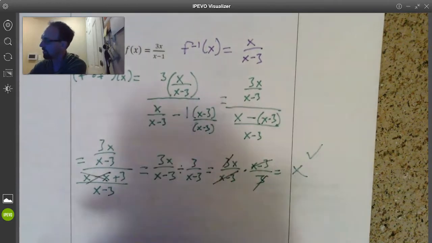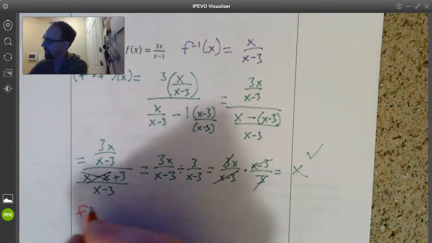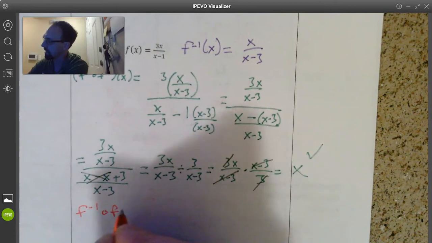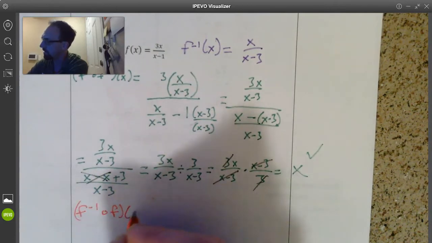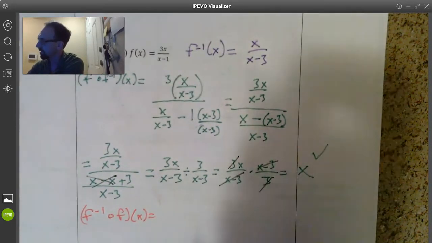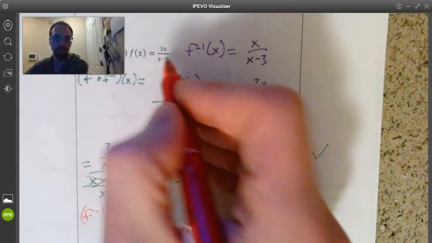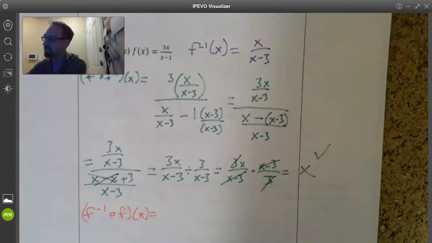Now we need to verify the other way. F inverse composed with f of x. So now we're taking the 3x over x minus 1 and plugging it into this x here.